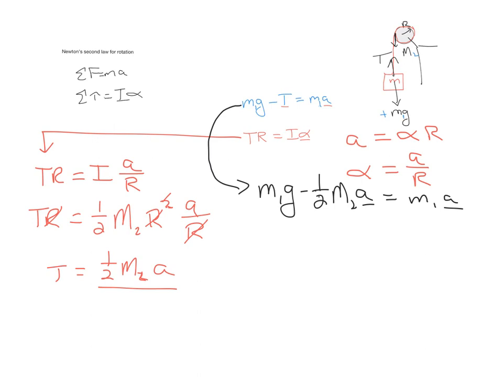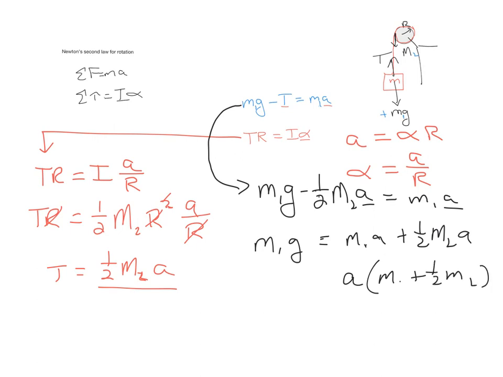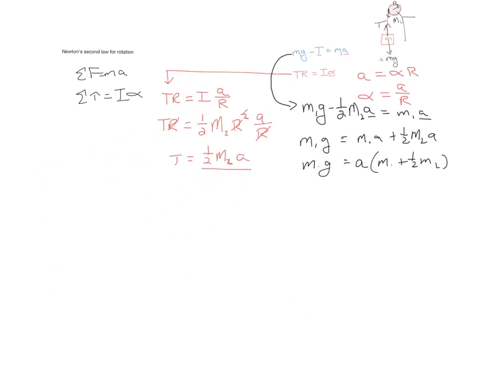So here we have to just manipulate to get the acceleration by itself. Pull out the acceleration. Now on the AP test solutions, they almost never have this fraction in that solution.